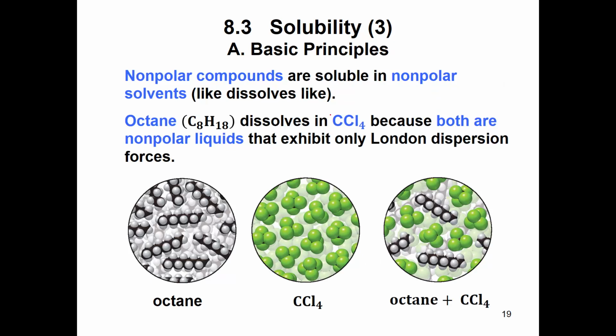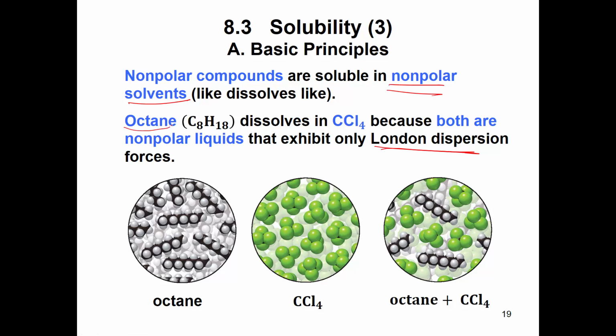Nonpolar compounds are going to be soluble in nonpolar solvents because like dissolves like. So our organic things are things with carbons and hydrogens that don't have oxygen or nitrogen or fluorine or anything like that, or that are symmetrical, and they are going to dissolve only in nonpolar solvents because they only have London dispersion forces.